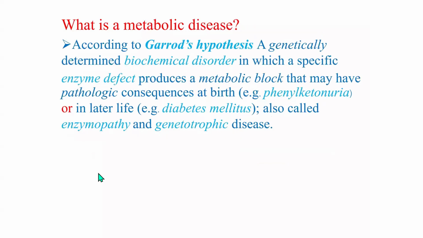Now, what is a metabolic disorder? According to the Garrod hypothesis, it is a genetically determined metabolic disorder in which a specific enzyme defect produces a metabolic block that may have pathological consequences at birth.